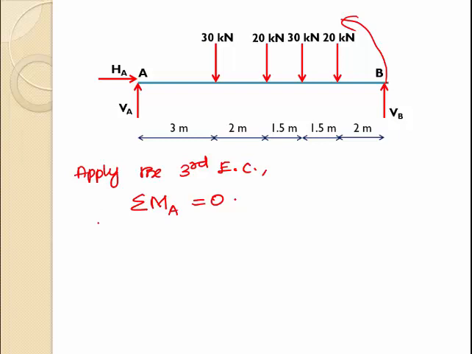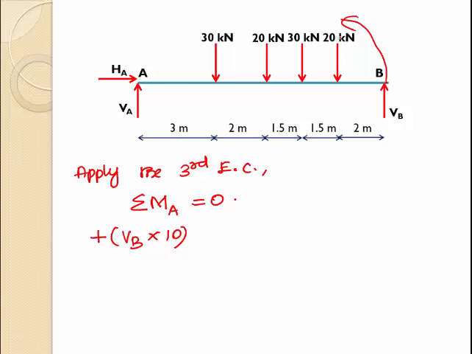So the sign is plus: plus VB into the perpendicular distance between the force VB and point A, which is 3 plus 2 plus 1.5 plus 1.5 plus 2, that is 10 meter.